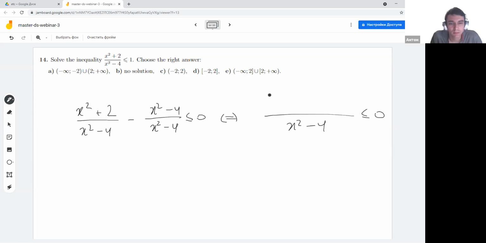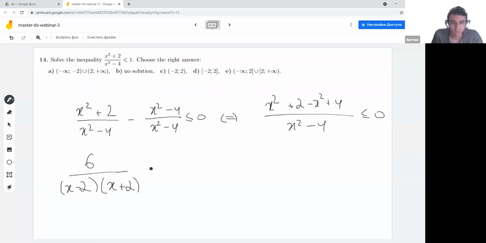So it's x squared plus 2 minus x squared plus 4, which leads me to 6 above, and x squared minus 4 in the bottom. But I remember a formula which says that this is the difference of 2 squares, so I can rewrite it like this. And I want to know when this expression is less or equal than 0.